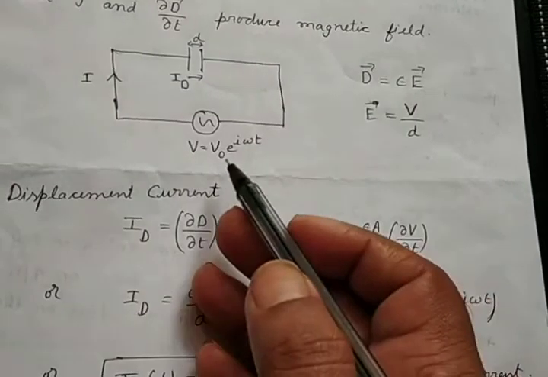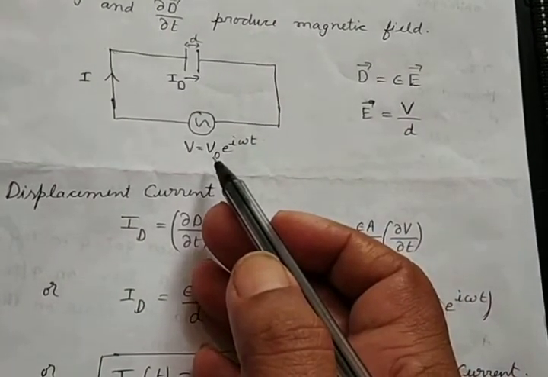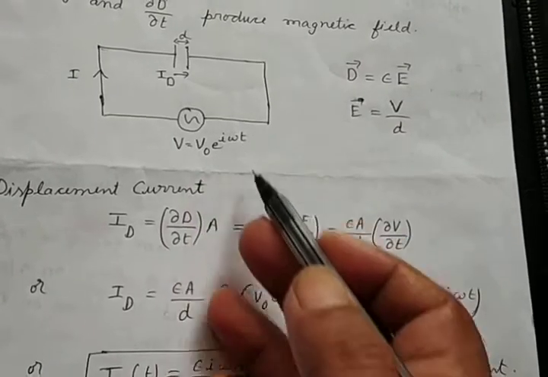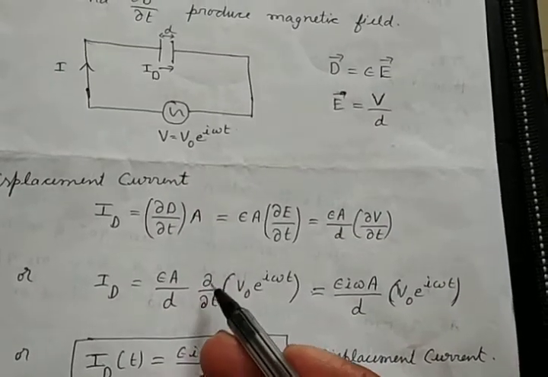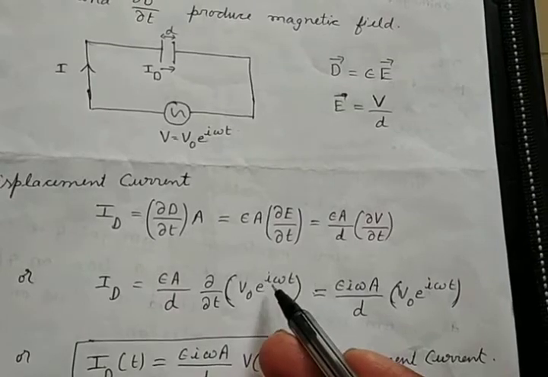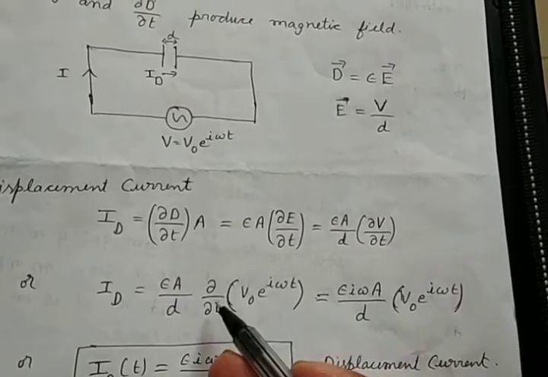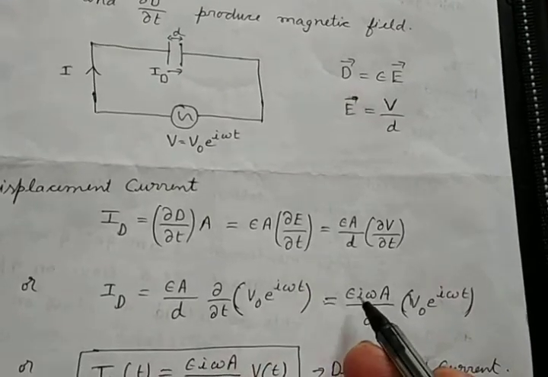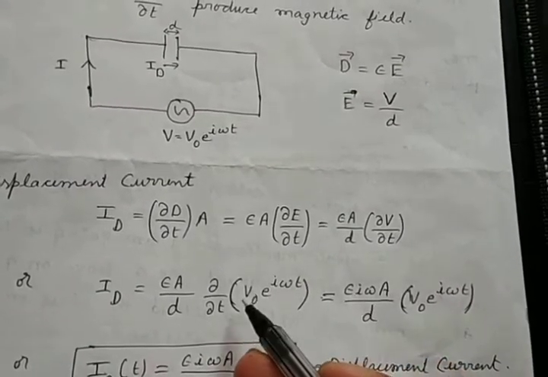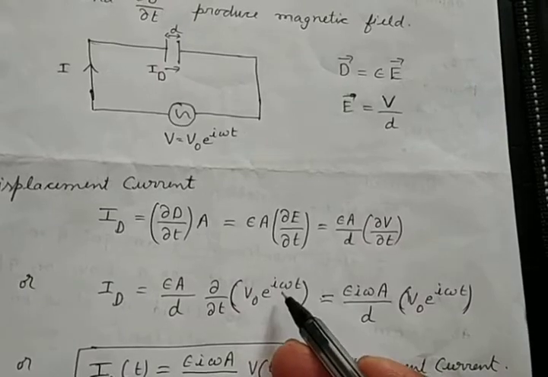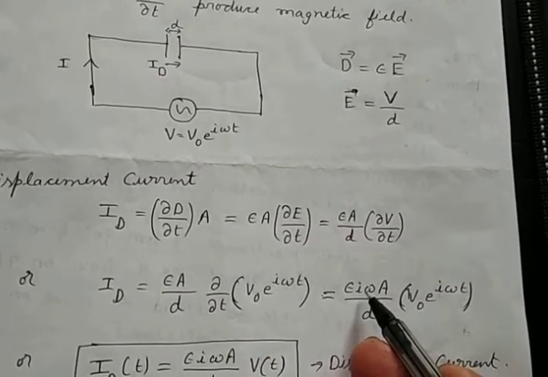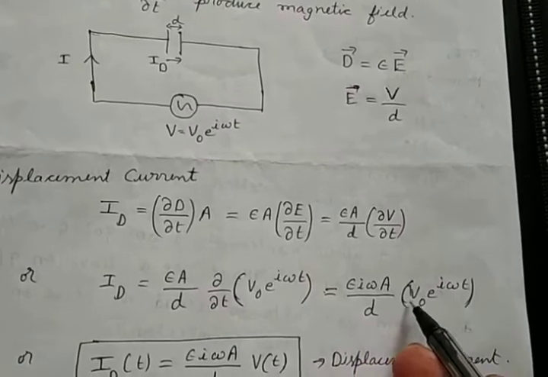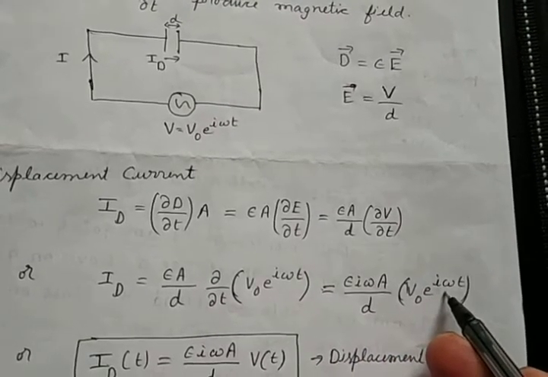Therefore the displacement current ID can be written as epsilon A by d ∂V/∂t, and V is replaced by the AC voltage applied, V0 e^(iωt). So you get ∂/∂t of V0 e^(iωt), and differentiating this partially with respect to t, we get iω times V0 e^(iωt). Taking iω outside, we get epsilon iω A by d times V0 e^(iωt).